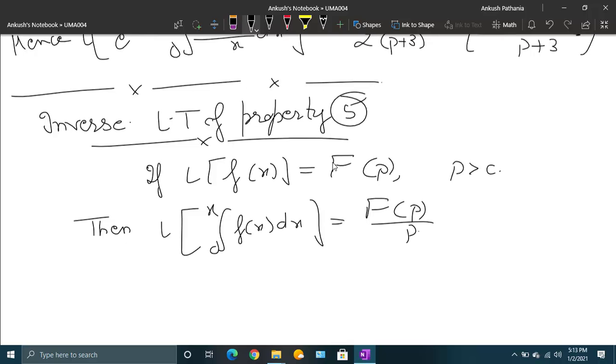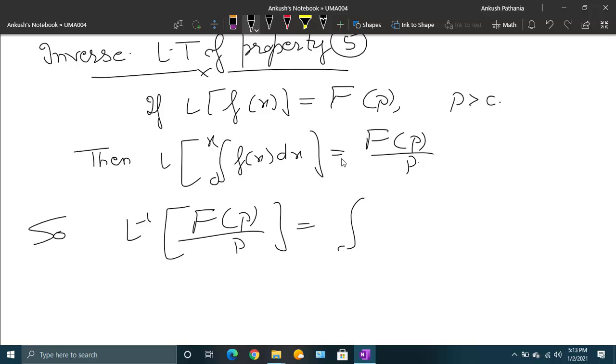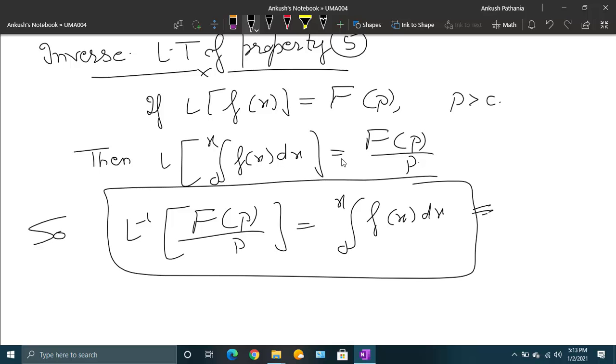This is what we have done in property number 5. So the Laplace inverse of F(p) by p is equal to the integral from 0 to x of f(x) dx. So this is the inverse Laplace property of number 5: the Laplace inverse of F(p) upon p is the integral from 0 to x of f(x) dx.